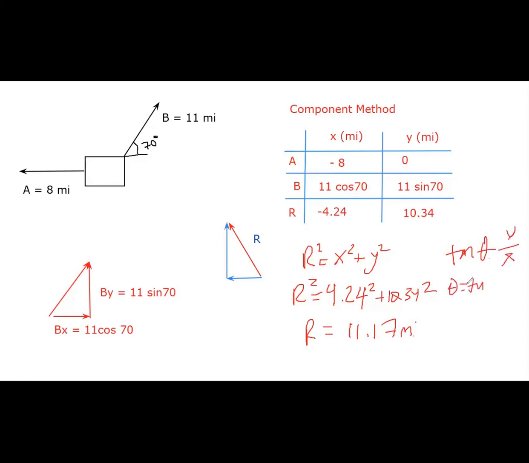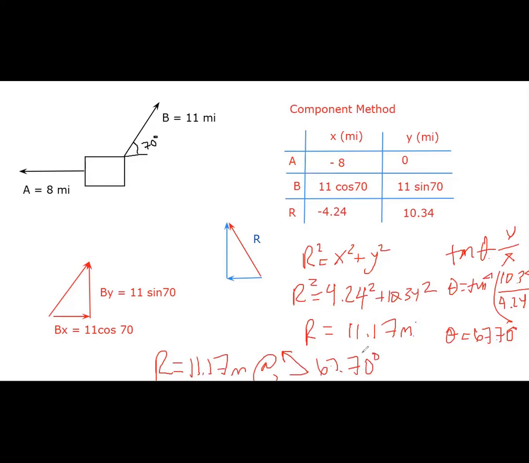So theta equals inverse tangent, running out of room, 10.34 divided by 4.24. Theta equals 67.70 degrees. So R equals 11.17 miles at an angle in the second quadrant of 67.70 degrees.